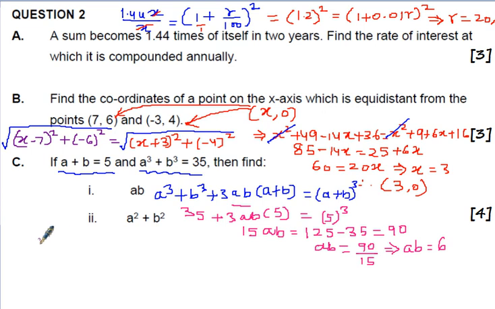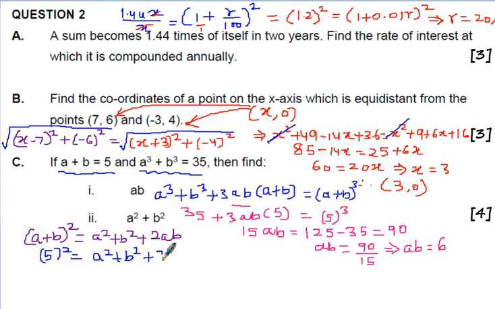Now a plus b is given to us, so you can say a plus b the whole square is a square plus b square plus 2ab. Easily, so whatever is given we apply accordingly. So here you have been given a plus b, so you can say 5 square, and a square plus b square we have to find.